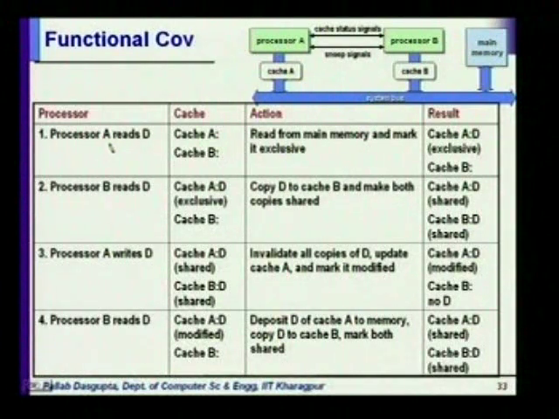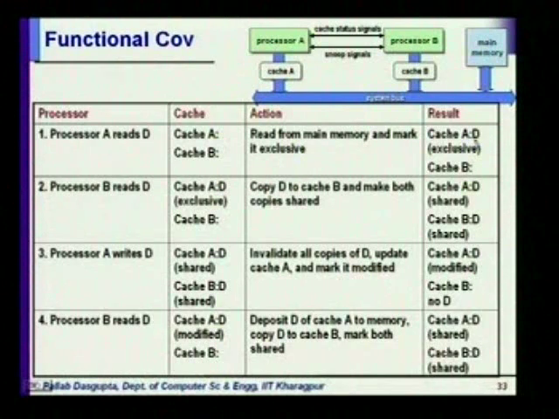So as of now, let us look at this example, where we have the following sequence. Remember, it is not just one test and it is not 4 independent tests, it is one test after the other. So suppose we first do the following thing: processor A reads D. Now D is some data item, and at that time cache A was empty, cache B was empty. The action is that it will read from main memory and mark that data to be exclusive in that cache.